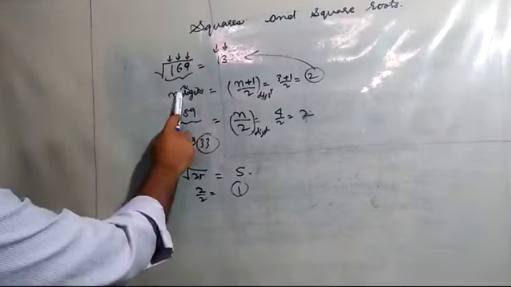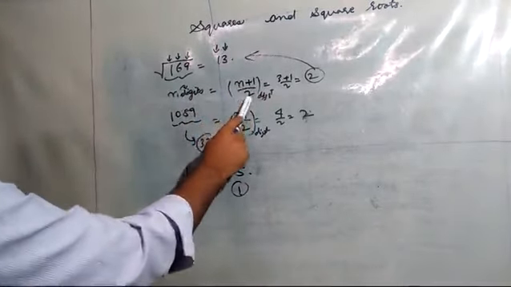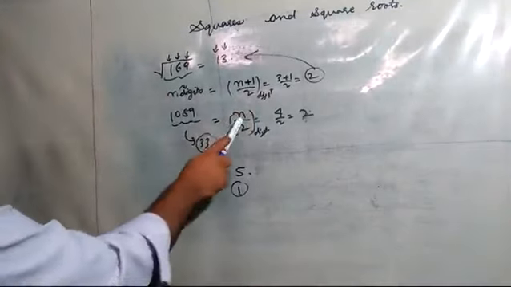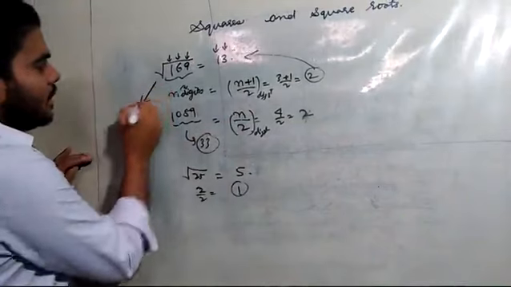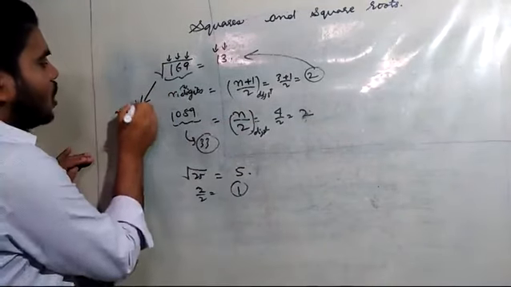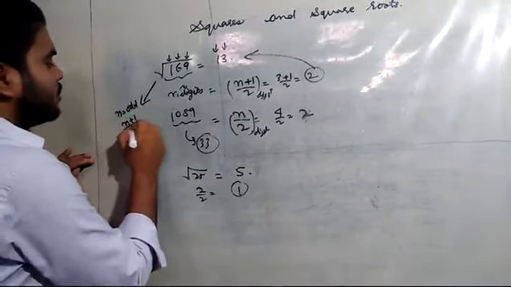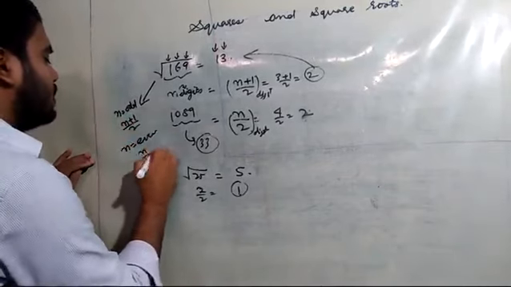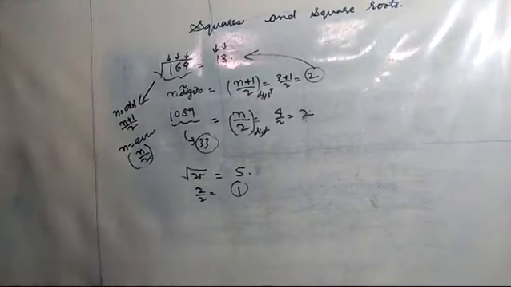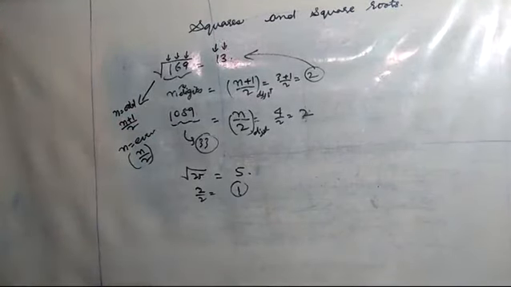Here n is odd, so you will apply the formula n plus 1 by 2. Here n is even, so you will apply n by 2. This is the statement of the property.